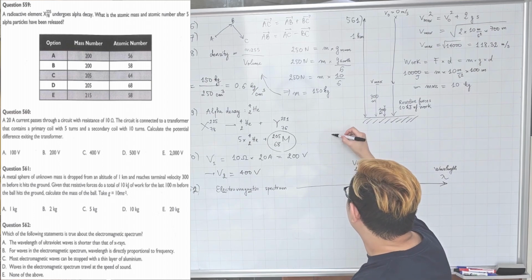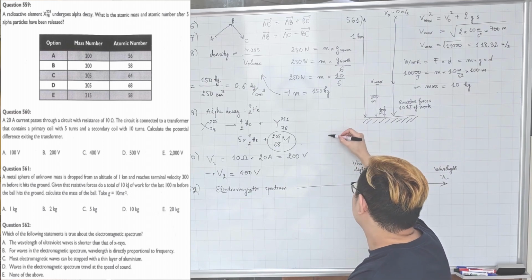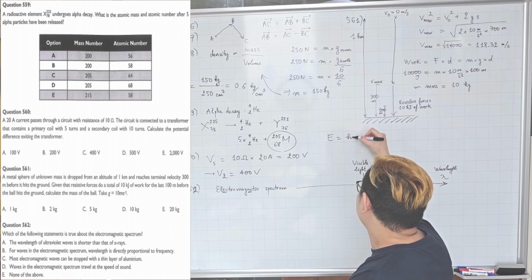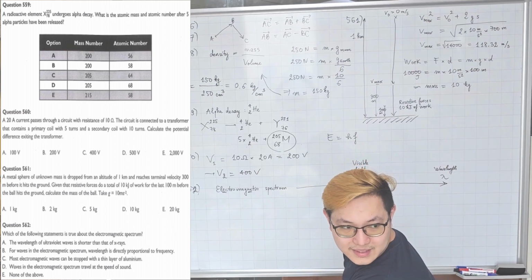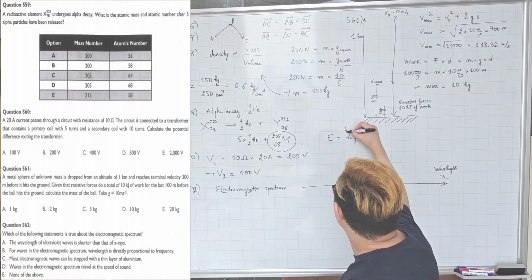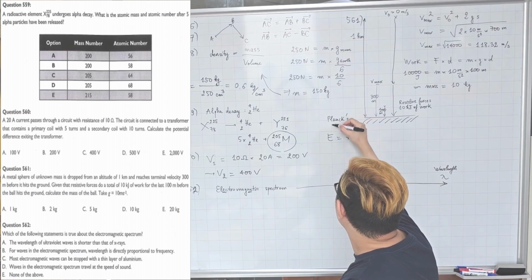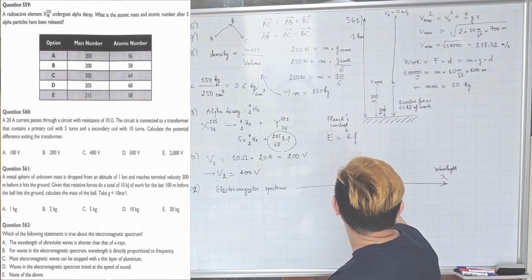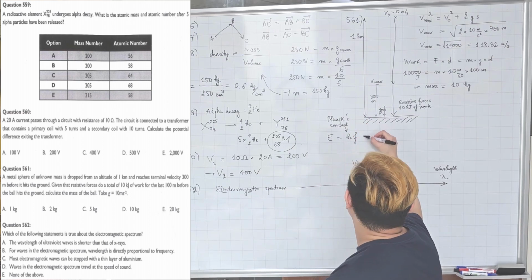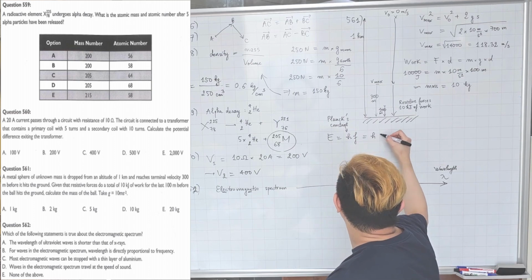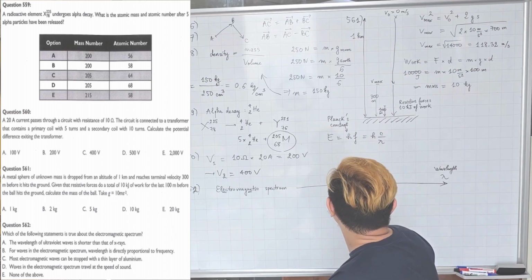So according to the formula, E equals hf, remember this one? Energy equals Planck constant times frequency, and f is equal to c divided by lambda.